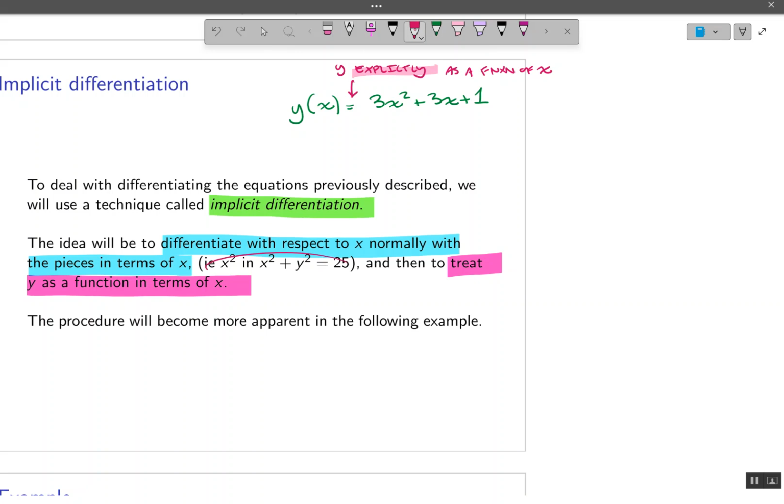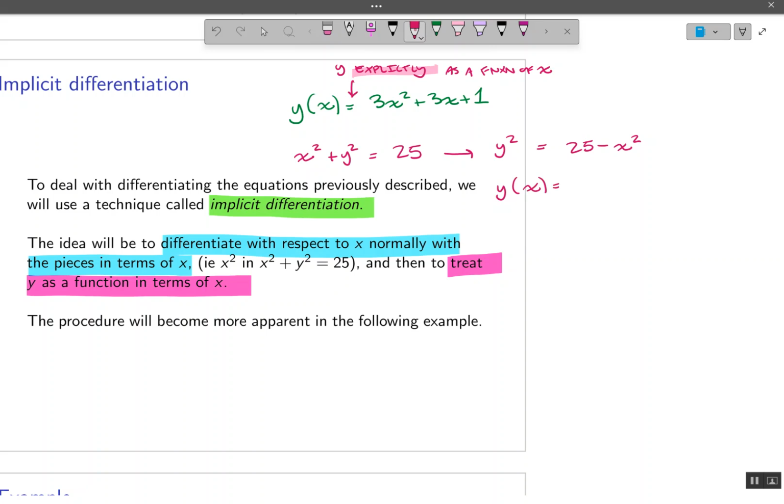But if we take this example right here, where we have x squared plus y squared equals 25, it's hard to get y by itself. What we could do is we could say y squared is 25 minus x squared, and if we take the square root, we have 1/2 of this function.